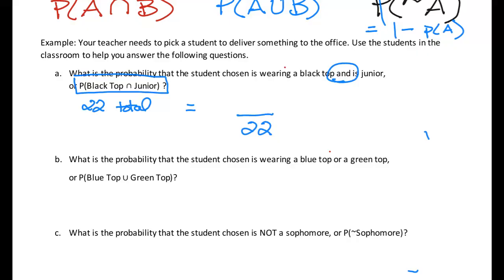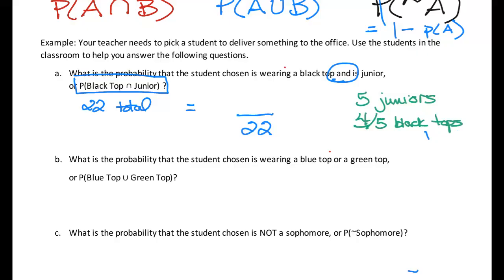So I need the probability that someone is wearing a black top and is a junior at the same time. So what is that number going to be? We had 5 juniors. You might want to write this down over to the side. 4 out of those 5 juniors had black tops.